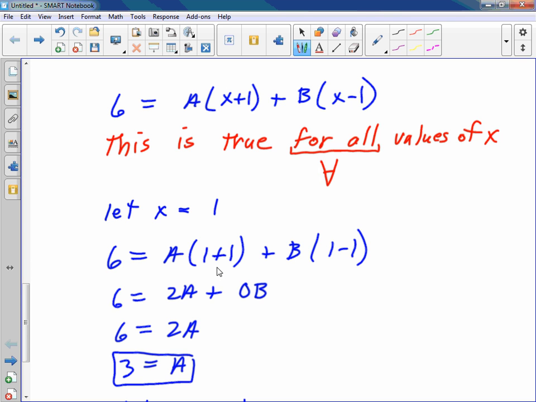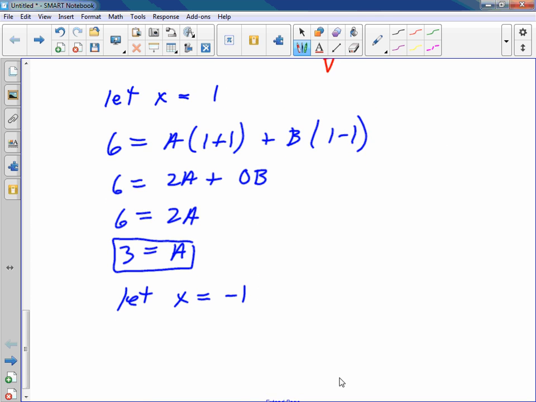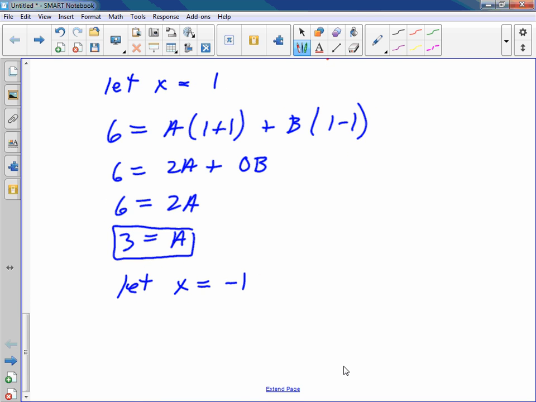So now, what would a good number for my next one to be? What would I let x equal that would help me here? Well, you guessed it, negative 1. So let x equal negative 1. So now I have 6 equals a times negative 1 plus 1 plus b times negative 1 minus 1.